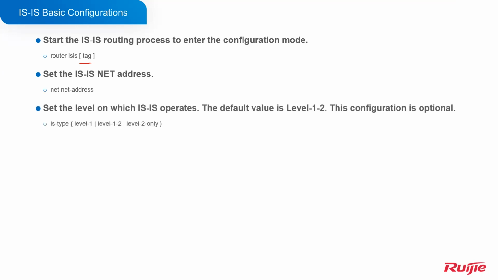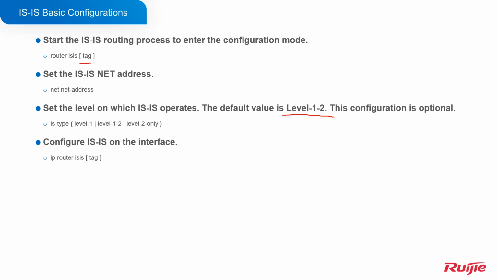And you have to set the level on each router. We have 3 types, level 1 and 2, or maybe level 2 only. The default value of one router, if you enable the ISIS protocol, is level 1 and 2. Okay. And then you have to enable which interface wants to use the ISIS protocol.